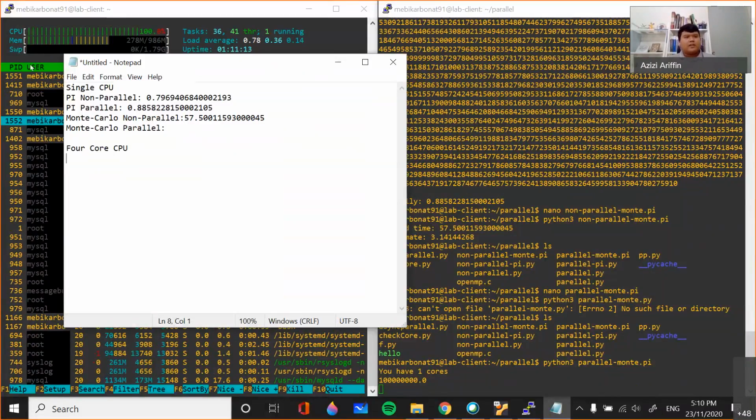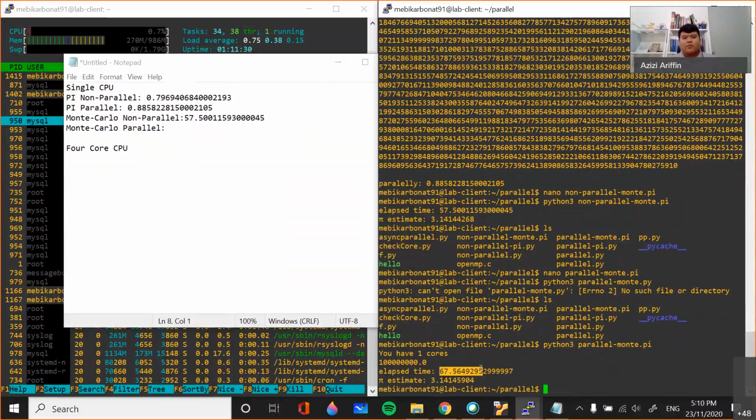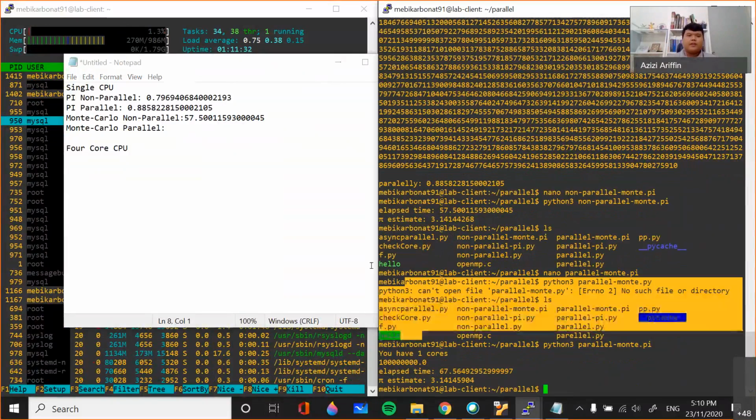Kita gunakan 100% all the time, single core. Alright, so dia worse actually 67, more than 1 minute. Okay, pasal dia ada overhead.